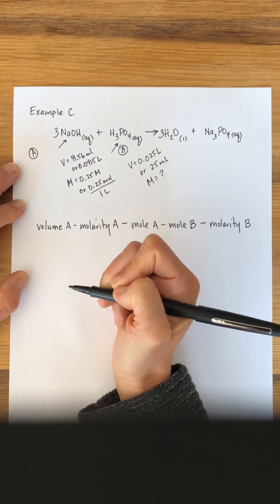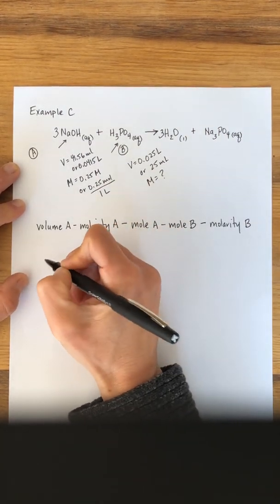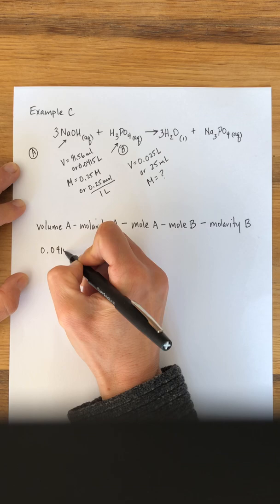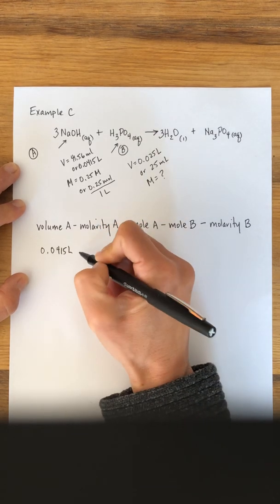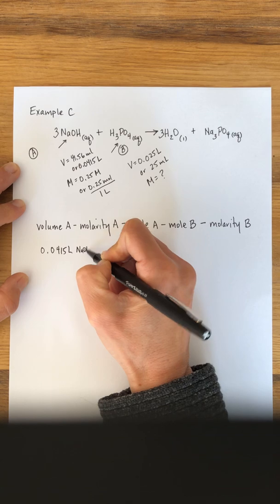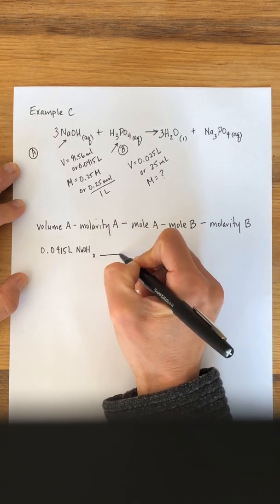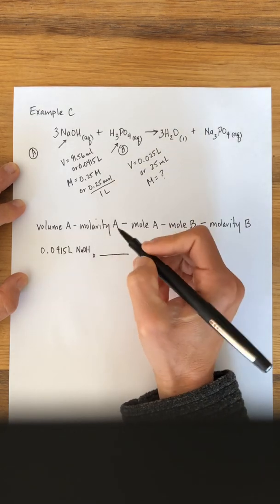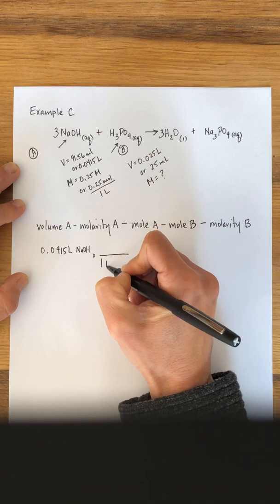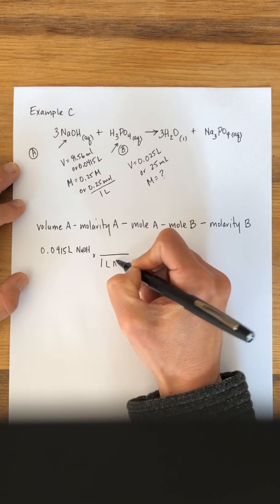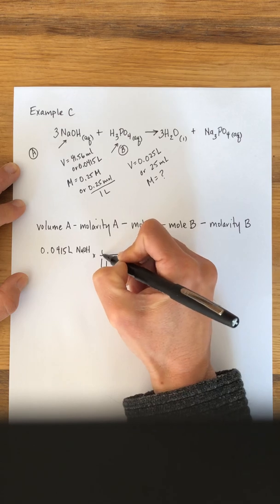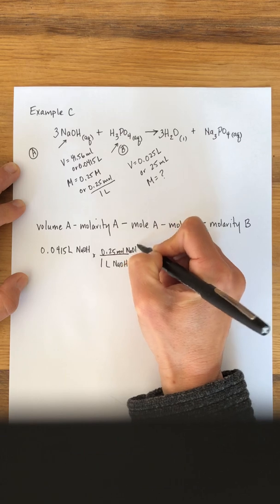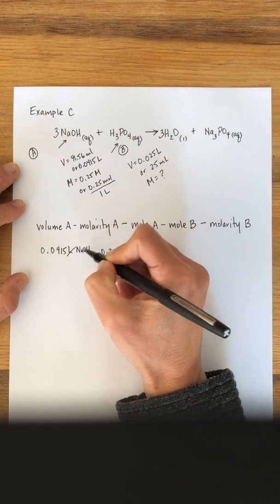Okay, so let's go ahead and set up our dimensional analysis. We know that we have 0.0415 liters of NaOH. We want to cancel that out, and we can do that by using the molarity. And the way that we want to address molarity is as a fraction. That allows us to cancel things out. So we have 1 liter of NaOH over 0.25 moles of NaOH. And it's important to check whether or not these cancel out.